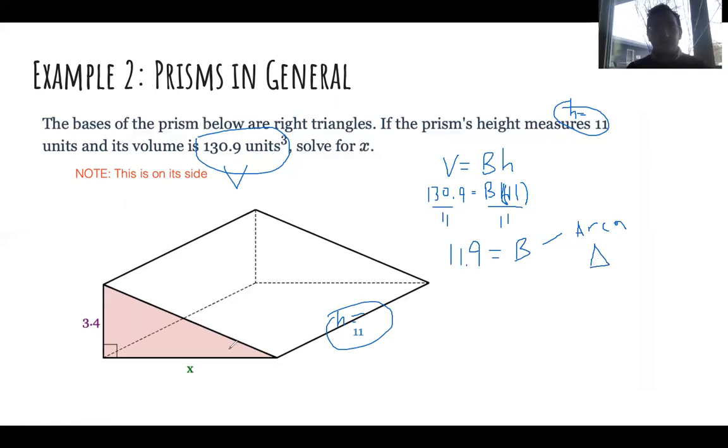Then I'm just going to look at the triangle itself. So we know that the area is simply 1/2 base times height, where lowercase b represents the side. So I have 11.9 equals 1/2 times lowercase b, which is our x, and then our height is just 3.4.